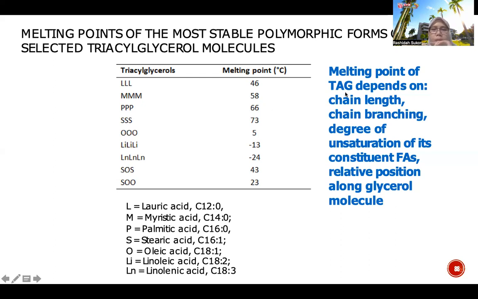The melting point of the TAG depends on the chain length, the branching, and the degree of saturation of its constituent fatty acids. Each fatty acid has its own degree of saturation and relative position along the glycerol molecule. This also has an effect on the melting point.